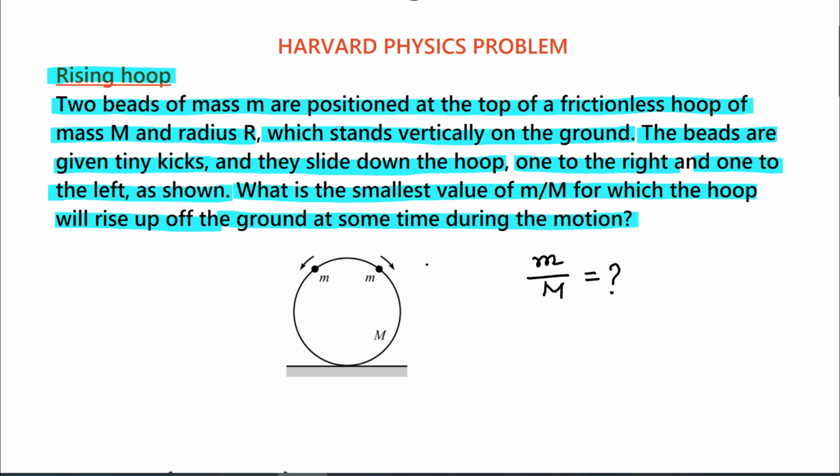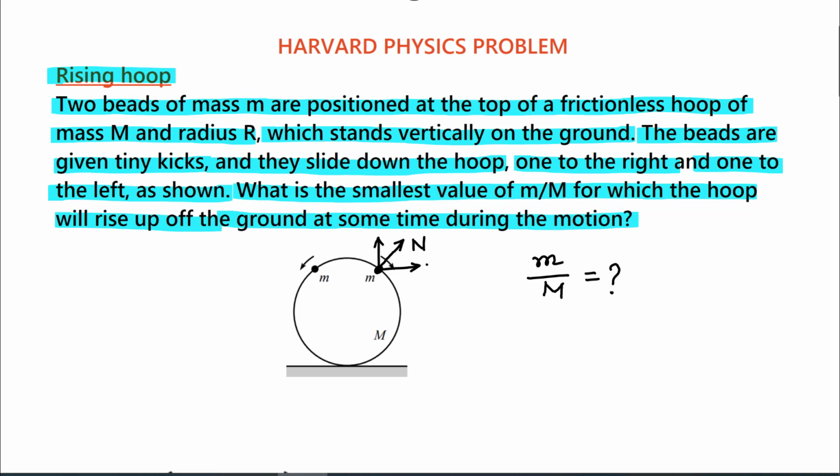So the first question is, why will the hoop rise? You see, what is happening here is, these beads are sliding down, so these beads are applying a force. So these beads will apply a normal reaction in this direction. And this normal reaction will have two components, one in this direction, one in this direction.